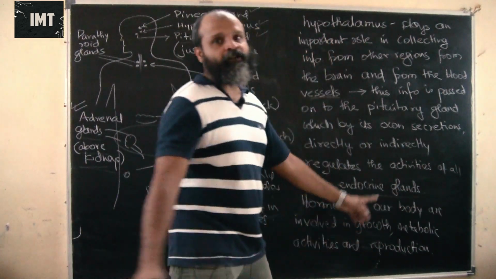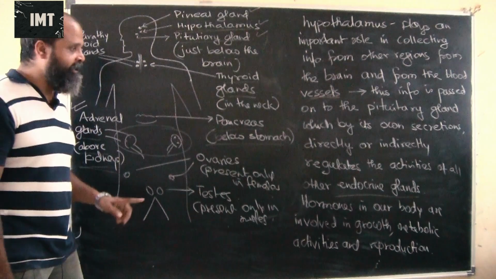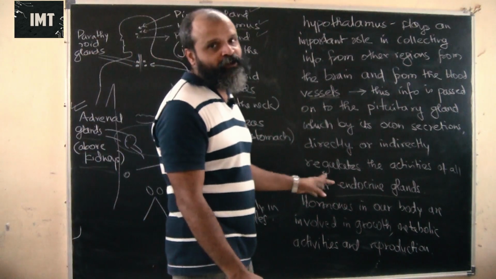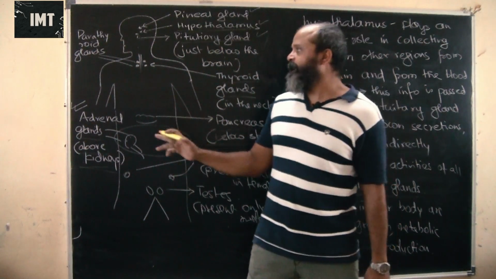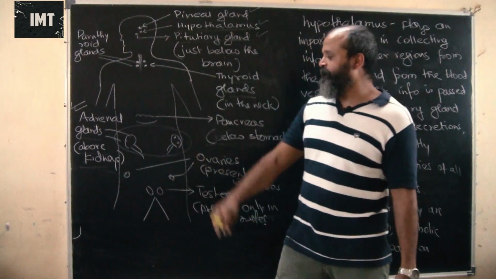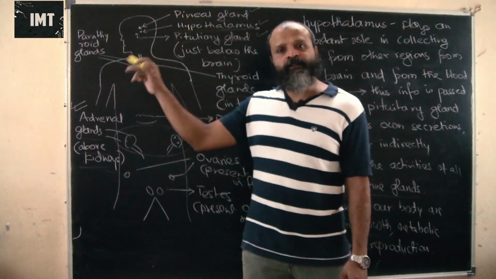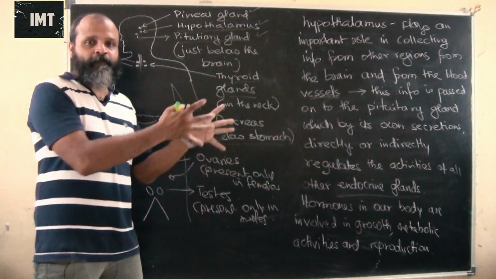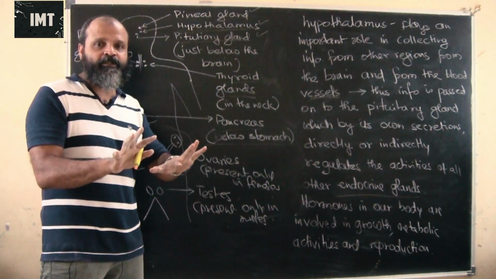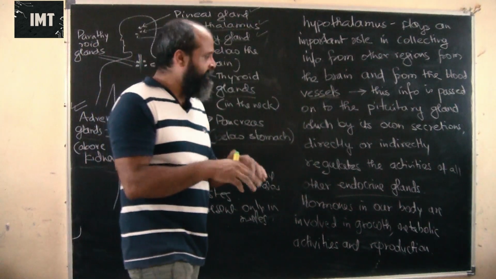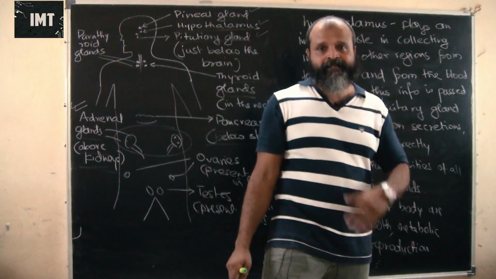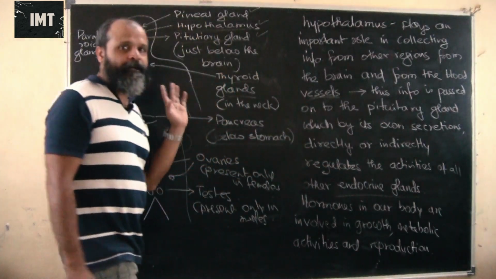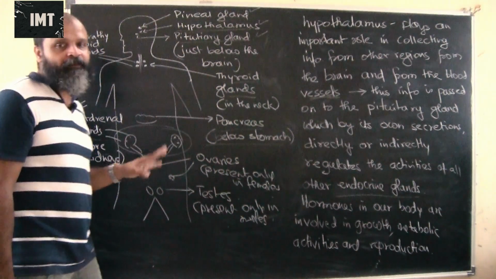All the other endocrine glands that we have, the adrenal glands, the parathyroid glands, will be regulated by the pituitary gland. So the hypothalamus collects the information and passes it on to the pituitary gland, which activates all the other endocrine glands as per the requirement.